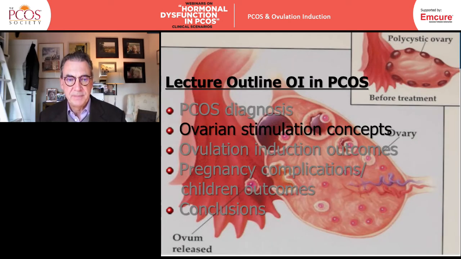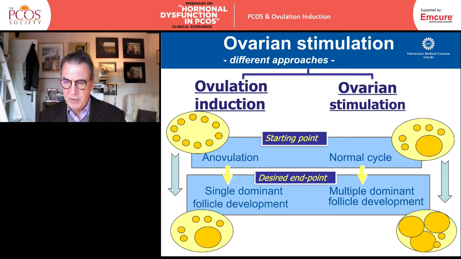So ovarian stimulation concepts, something very, very fundamental, and I would like you to understand, and if you have comments or if you disagree, please let's leave this topic also for later discussion. But the term ovulation induction should be restricted for the medical treatment of anovulation.